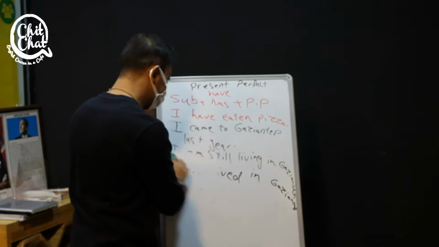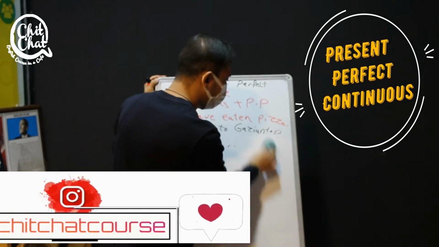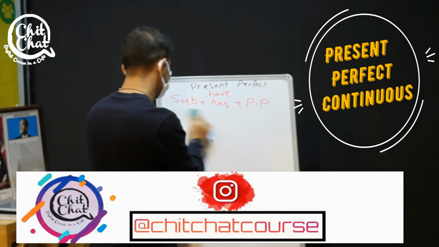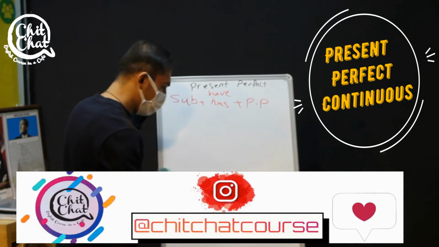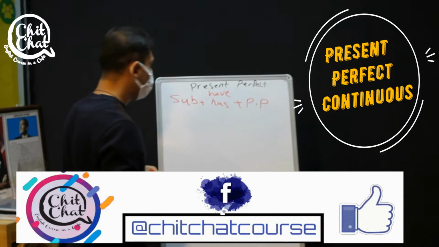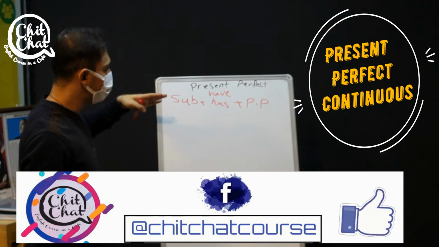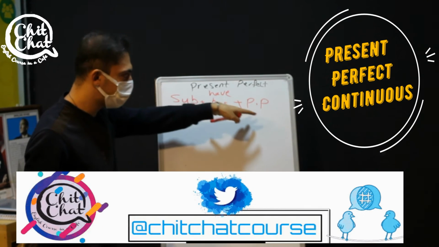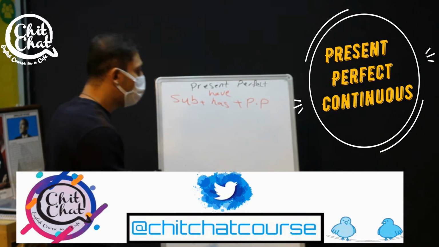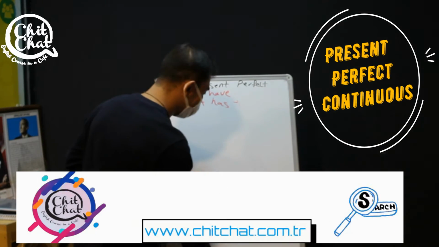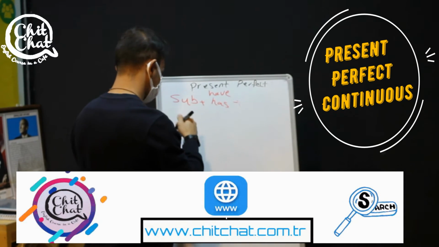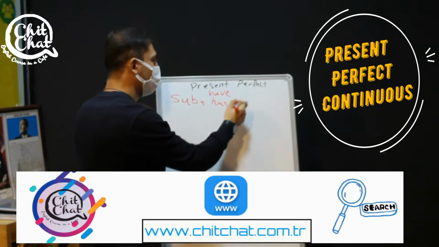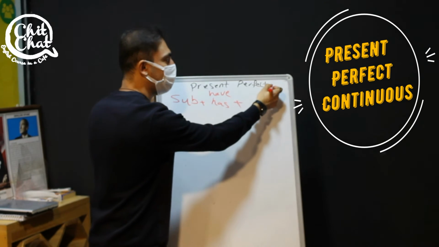Okay, now let's discuss present perfect continuous. For present perfect continuous, it is subject, have or has, plus been, plus verb.